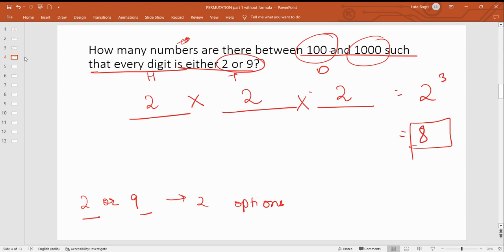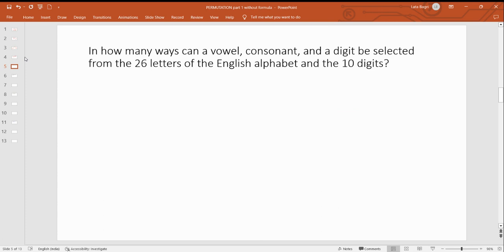Let's look at another sum. In how many ways can a vowel, consonant, and a digit be selected from the 26 letters of the English alphabet and the 10 digits? Understand over here, we have an "and": we have to select a vowel, a consonant, and a digit.